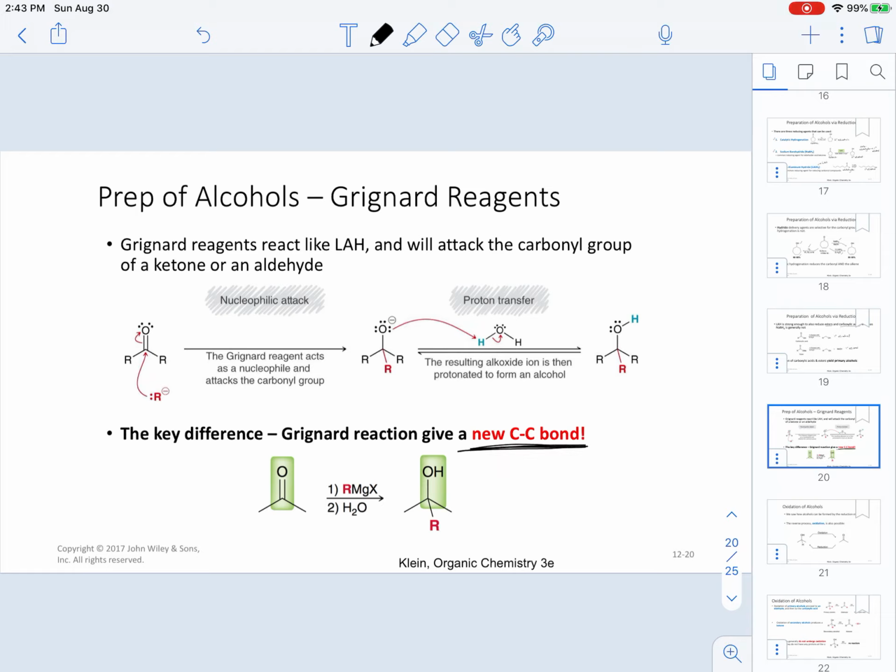So we are increasing the number of carbons in our reactant.